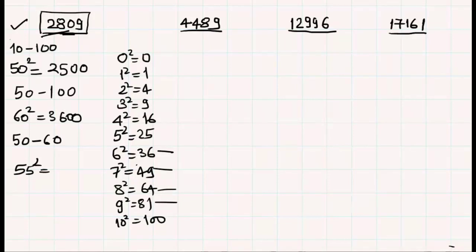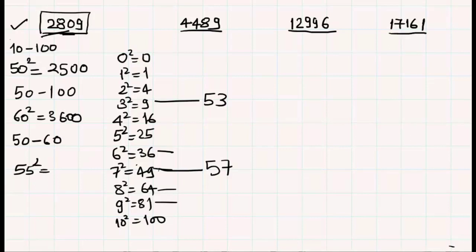possibilities. The square root of this given number can be either 53 or 57, because in all other square numbers there is no 9 in the unit place. Only in these two square numbers we can find 9. So the square root of this number can only be either 53 or 57.